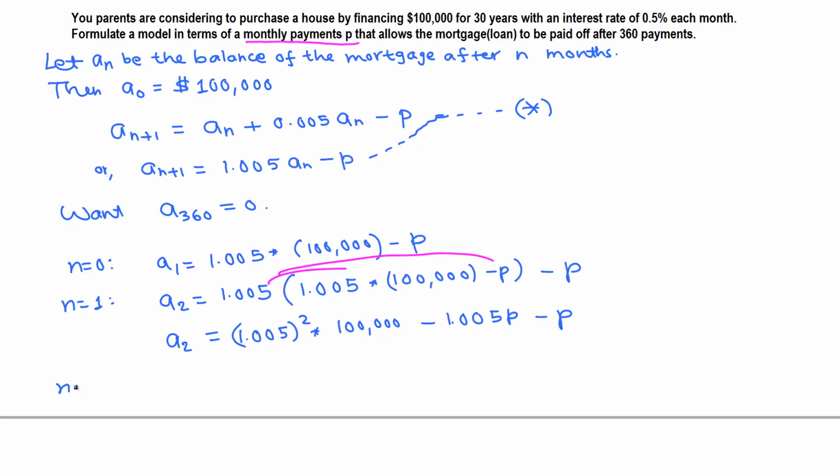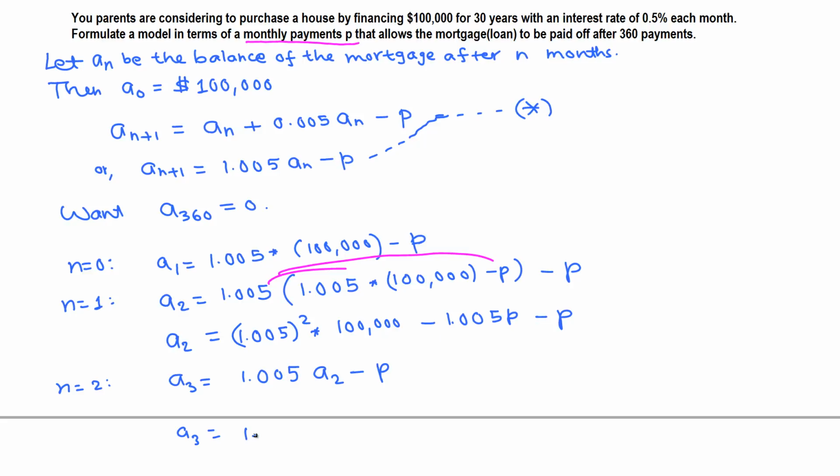If we take n equals 2 here, then we get A_3. A_3 is 1.005 A_2, where A_2 we just found in the previous line, minus P. Let's plug in A_2 from this line, so we need to distribute 1.005 into A_2. Basically we have 3 terms.